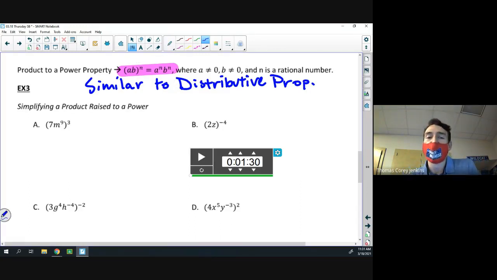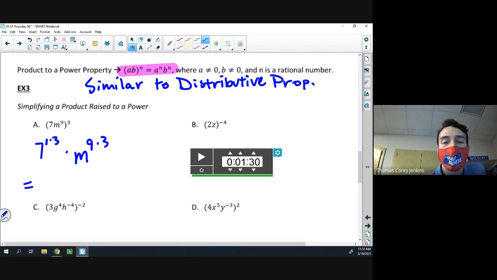So looking at A, all right. So A is 7 times m to the 9th, all raised to the 3rd power. Okay. So if I apply my exponent rules, what I would have is 7 to the 1st raised to the 3rd power. So 7 to the 1 times 3. And then I'd have m to the 9th raised to the 3rd power, which means take m to the 9 times 3. Okay.